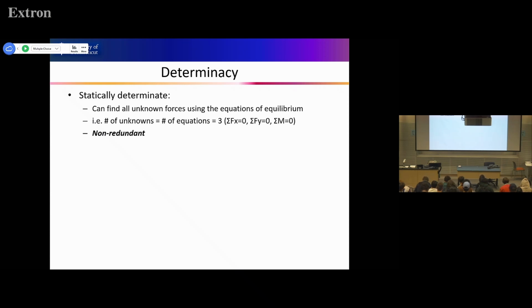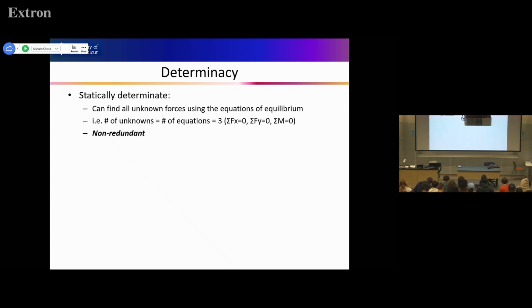And if it is not, then indeterminate, right? So statically determinate means the number of unknowns is equal to the number of equations, because we have 3 equilibrium equations. So if we have 3 unknown reactions, then we can solve the equations, right?